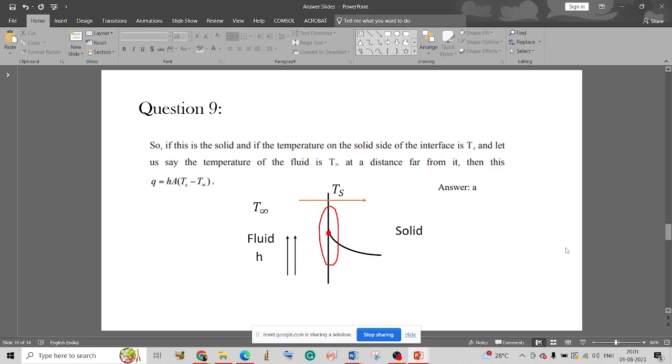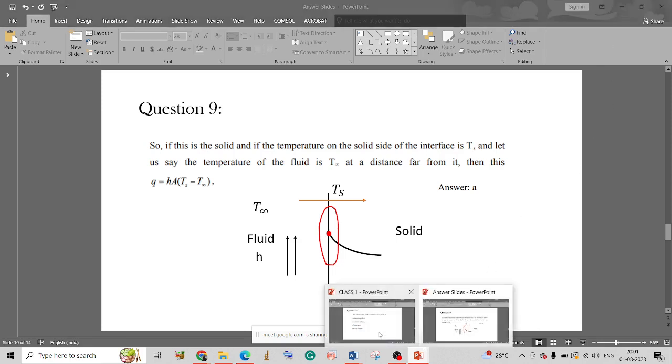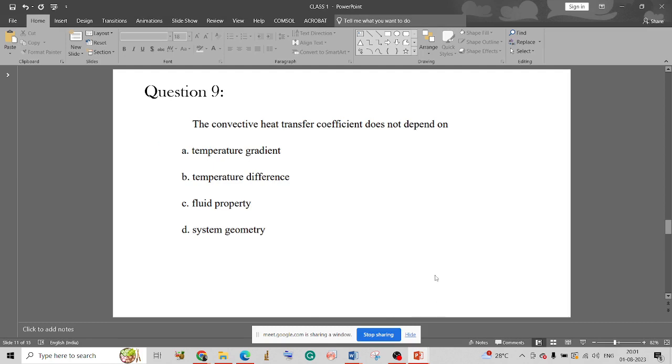So the temperature difference, T infinity minus Ts, it's written wrong because here T infinity is greater as compared to Ts, the surface. So T infinity minus Ts into h into A, this is the heat flux. So the answer will be option A.